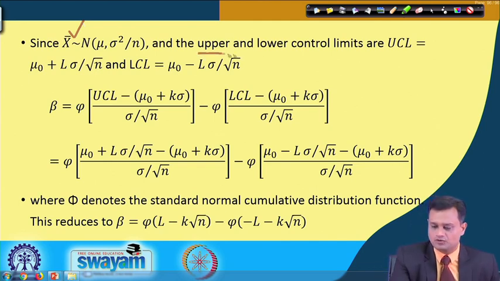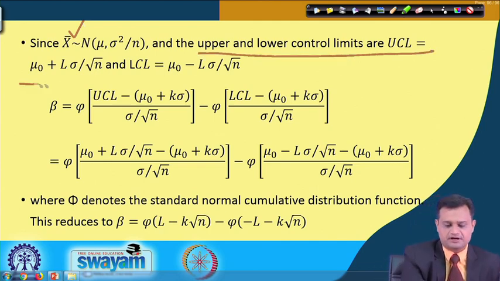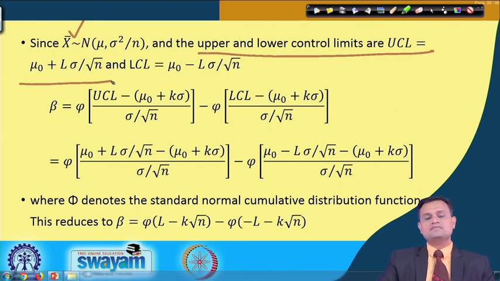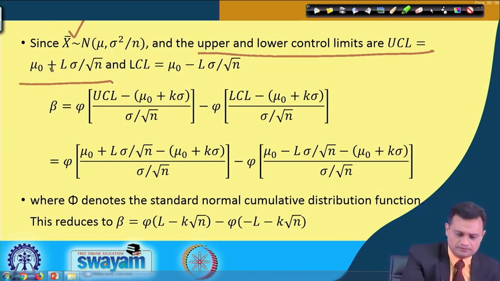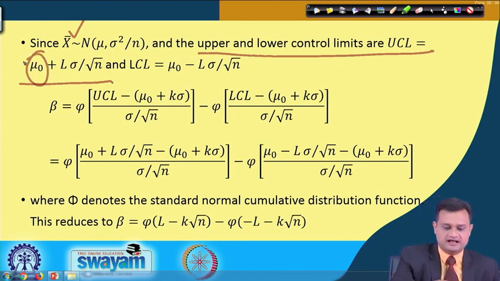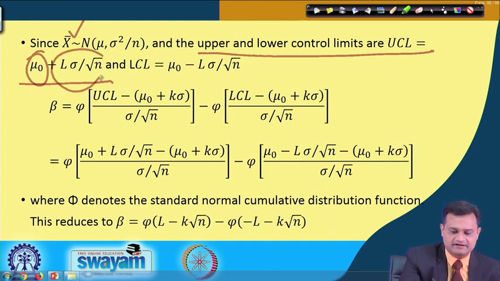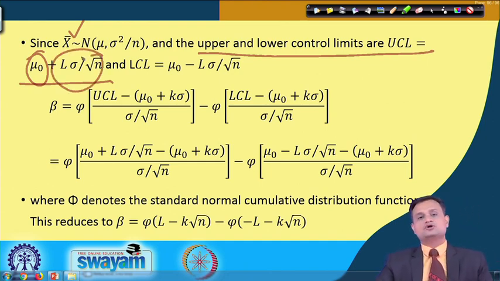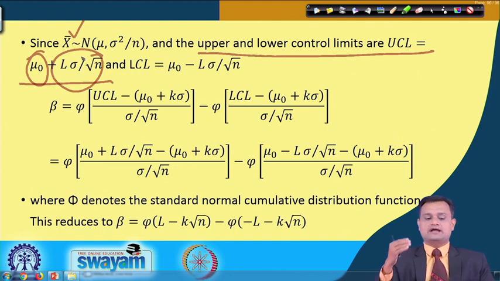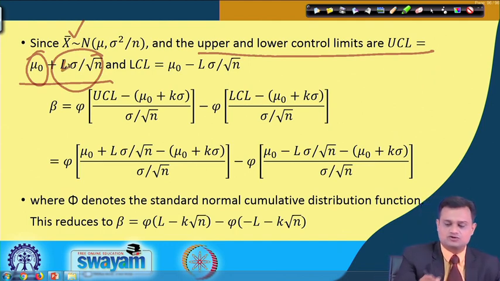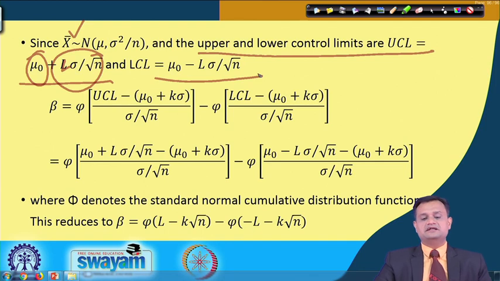So my upper and lower control limits are: upper control limit is mu 0, as usual, plus L sigma divided by square root n. I am taking L as the constant to find the control limits, and mu 0 minus L sigma divided by square root n.